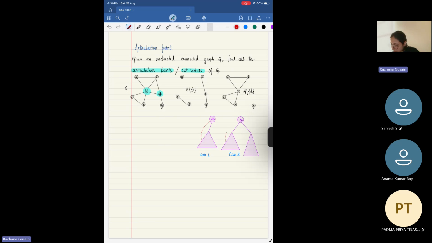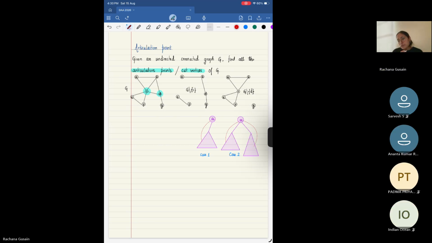It is possible over here as well. From both the subtrees, I can have back edges to U. So first claim is, if U has a single child in the DFS tree, U cannot be a cut vertex. Does everyone see that?